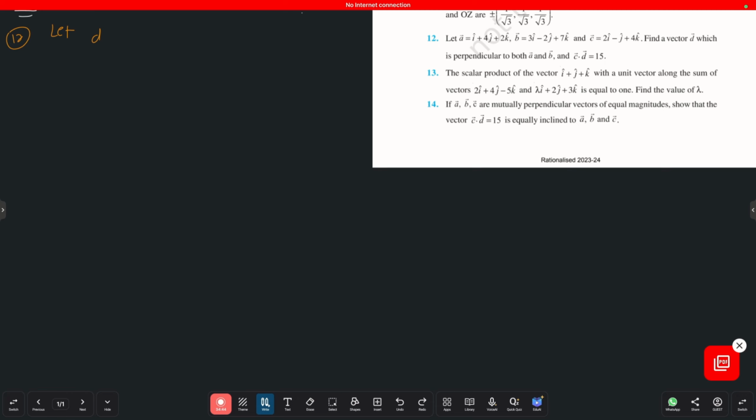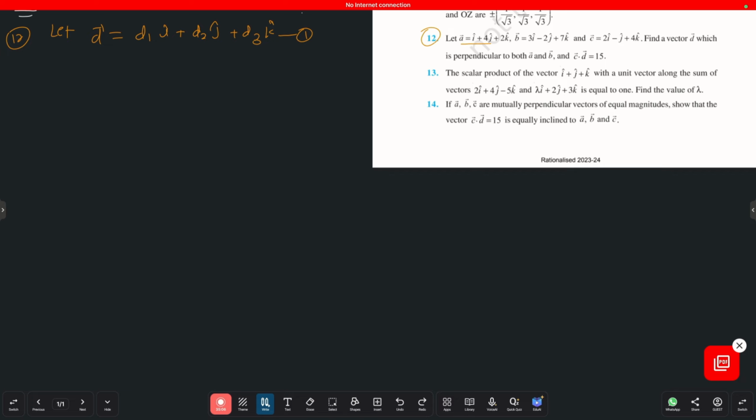Let D vector equal D1 i cap plus D2 j cap plus D3 k cap. This I assumed. I have to find D1, D2 and D3 using the given information.